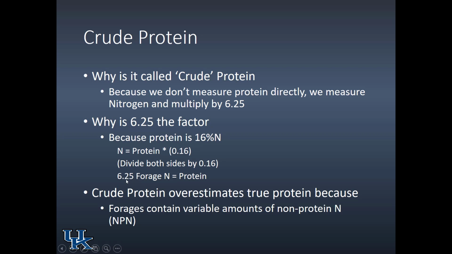So 6.25 times the nitrogen in forage equals protein. So that's why 6.25 is the factor. And crude protein will overestimate true protein nearly every time because forages will contain variable amounts of non-protein nitrogen, sometimes quite a bit.